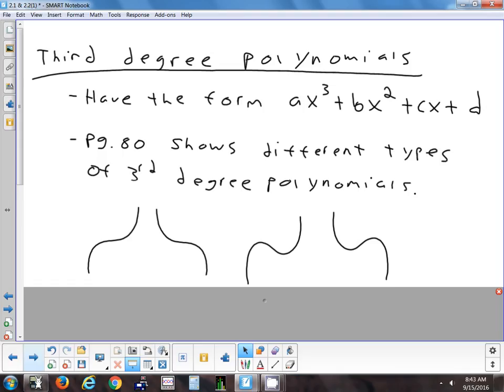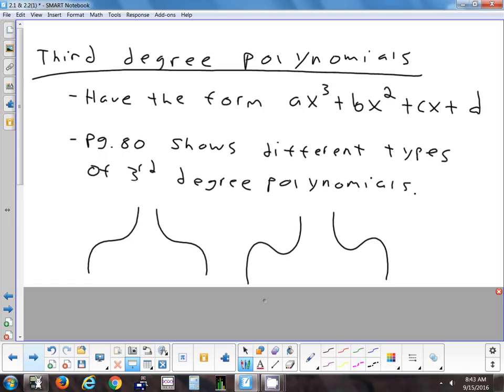Except A cannot be one special number. Anybody think they know what value A is not allowed to be? Because if it was this value, you wouldn't have a cubic, you would have a quadratic. 0. If you make A 0, you just wiped out the cubic term.